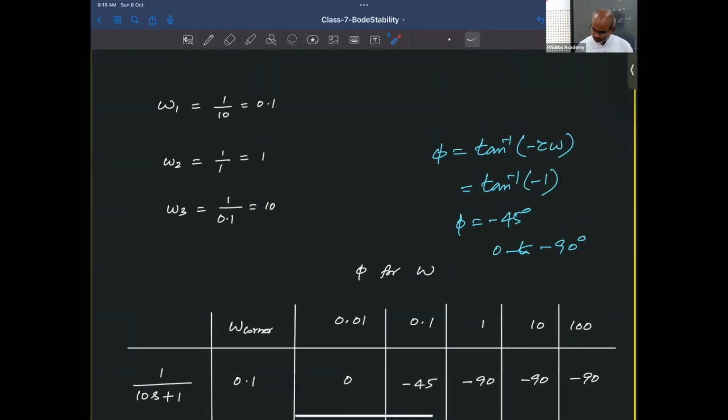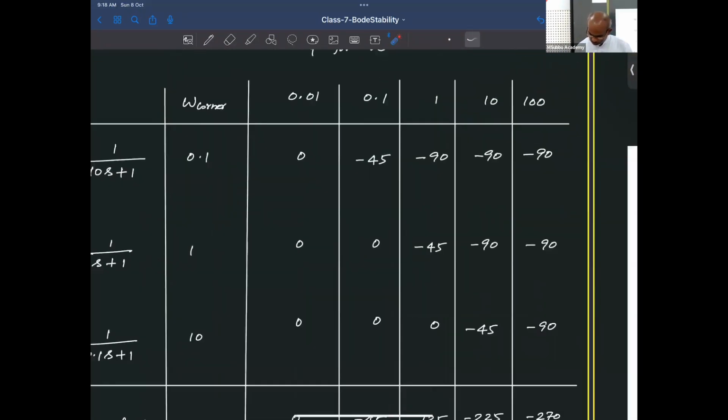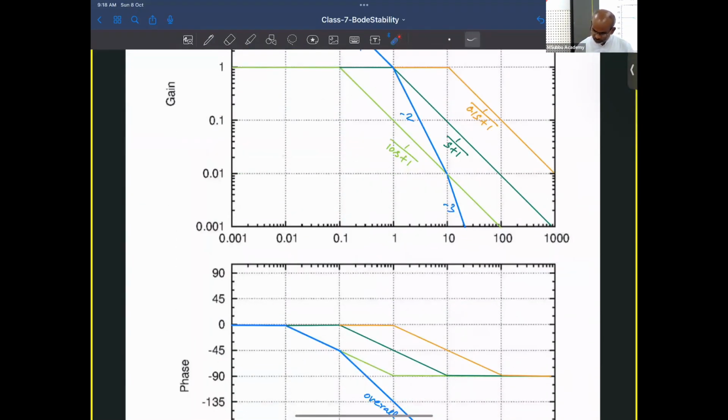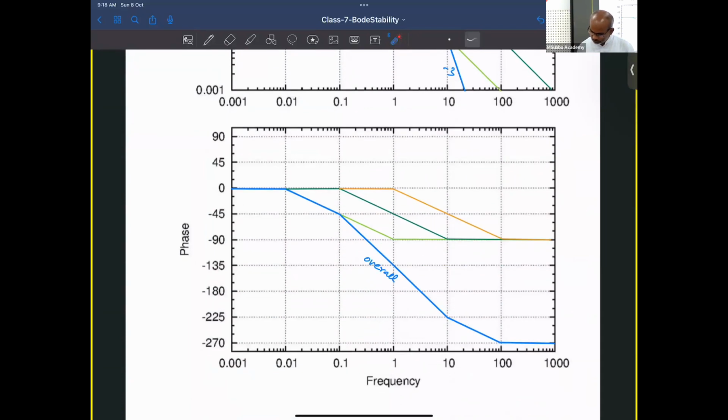Maybe I'll show that plot, so assume this is one such data. Here the corner frequency point is here, and say here the corner frequency is 10, so 1/10 of that frequency is 1.